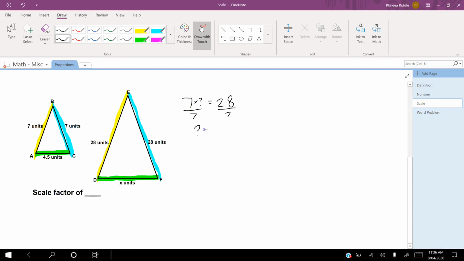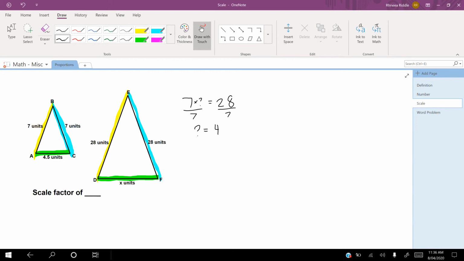So all that we have is that question mark, which is our scale factor. When we divide 28 by 7, we get 4. So we know that we're multiplying 7 by 4 to get 28. And if we recall, when using scale factors, you multiply the original side by the scale factor. So our scale factor, in the case of AB to DE, is 4.